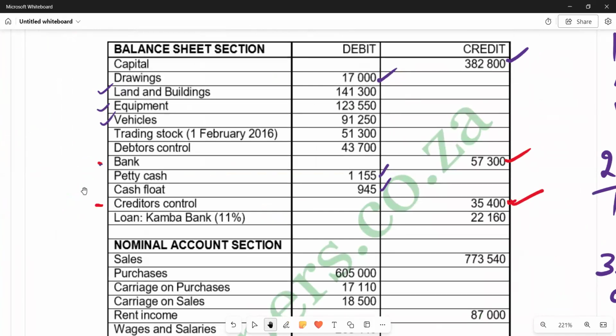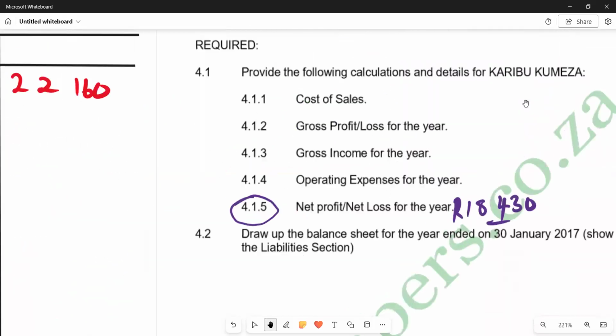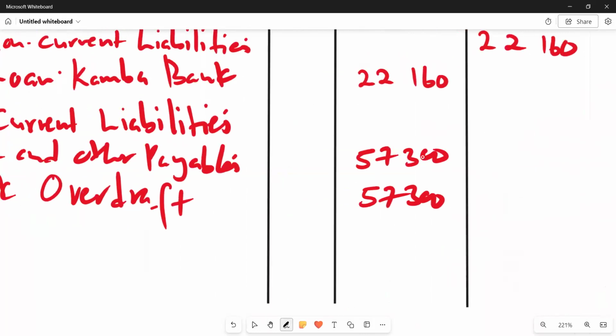So we're going to check 35,400. So here we are seeing 35,400. So this is what we have.